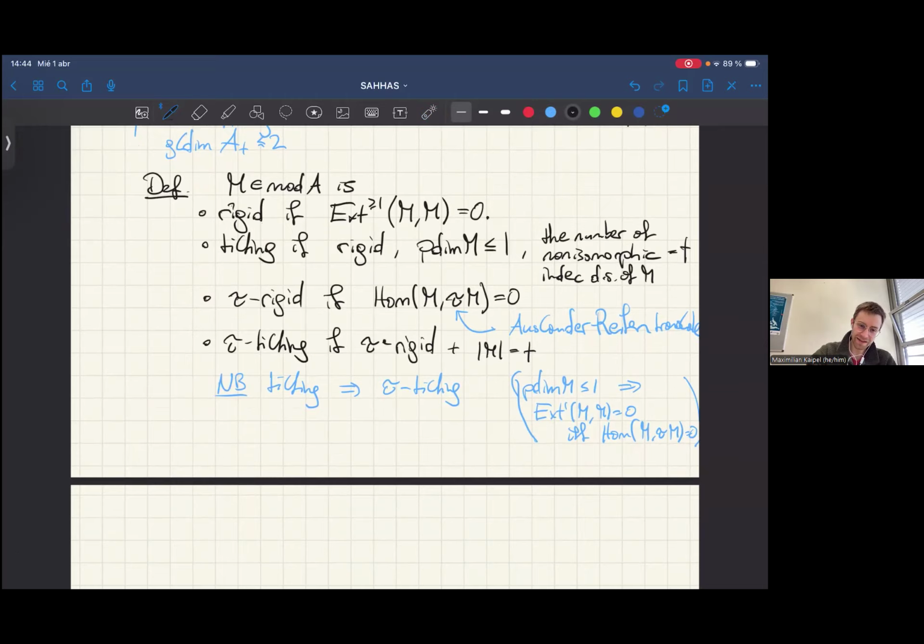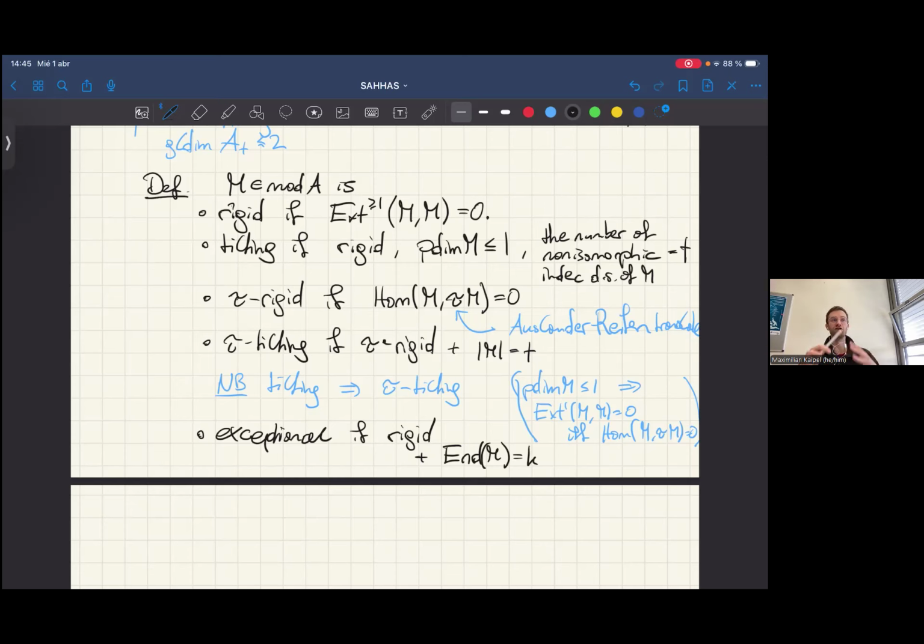The last type of object I want to explain is that of an exceptional module, also an important player in the first theorem. I will refer to an object as exceptional if it is rigid, and in addition, its endomorphism algebra is actually just the ground field.